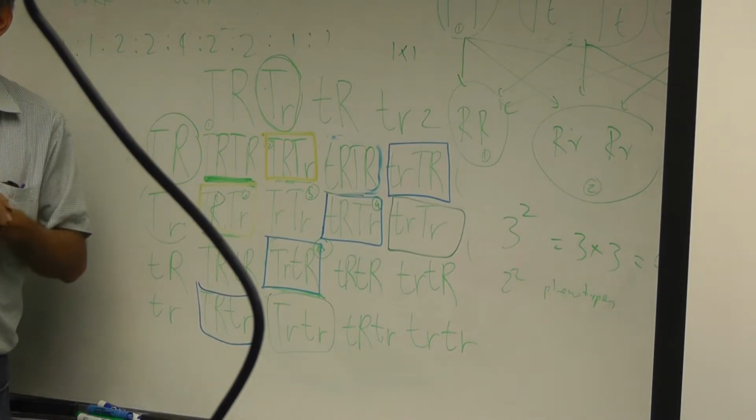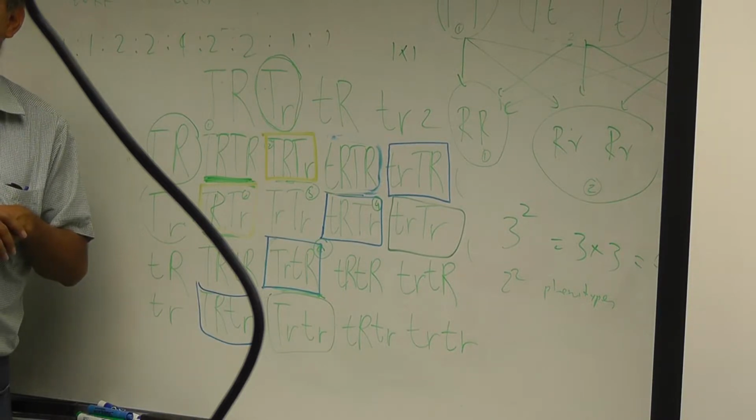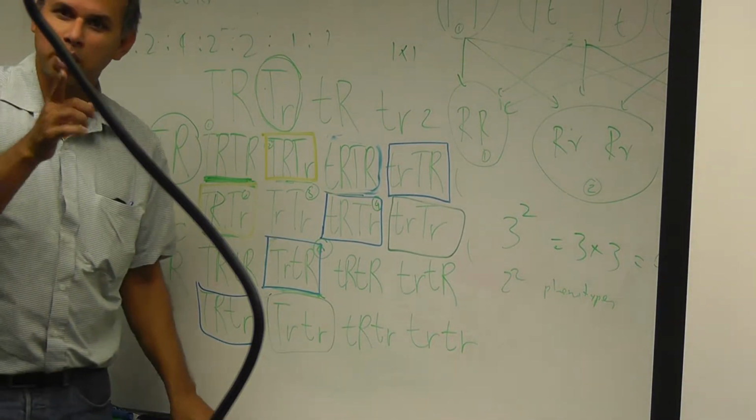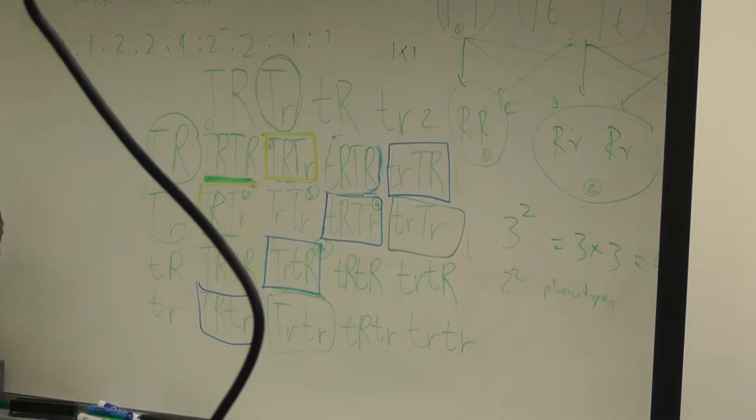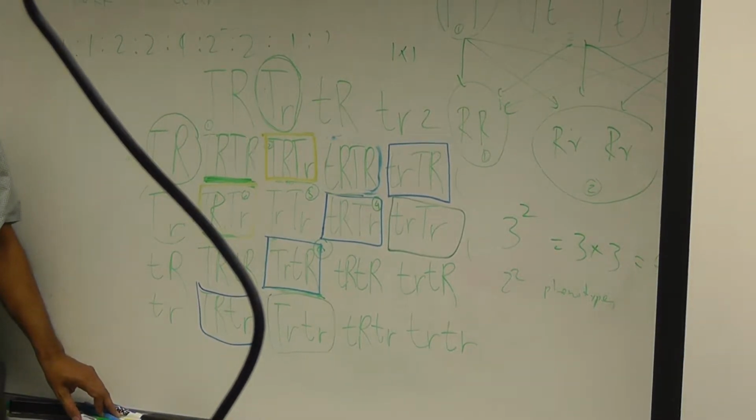Does everybody get this? Okay, good. Srijan, is your question answered? Excellent. Now, I'm going to tax your brains a little bit more. Suppose you were to do a trihybrid cross.